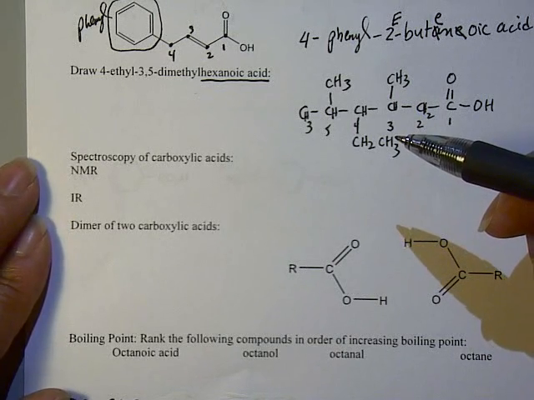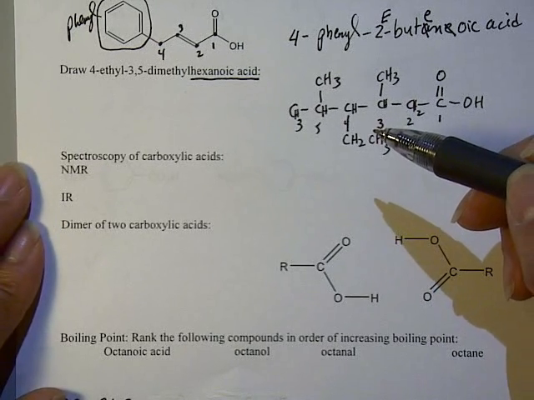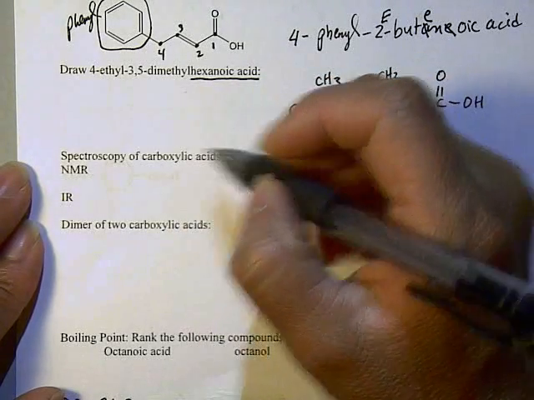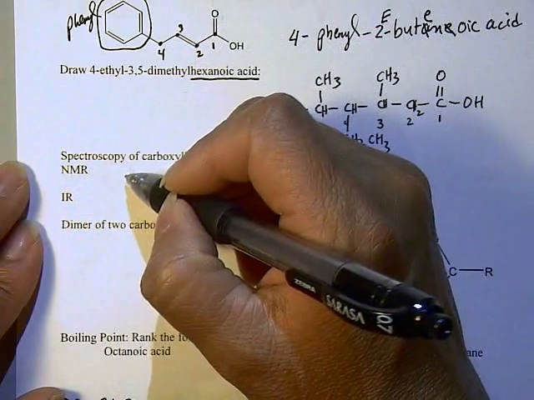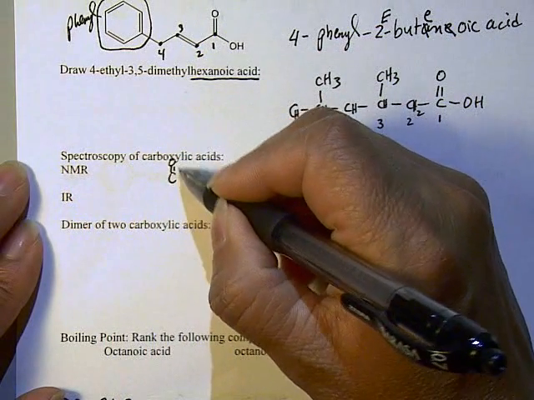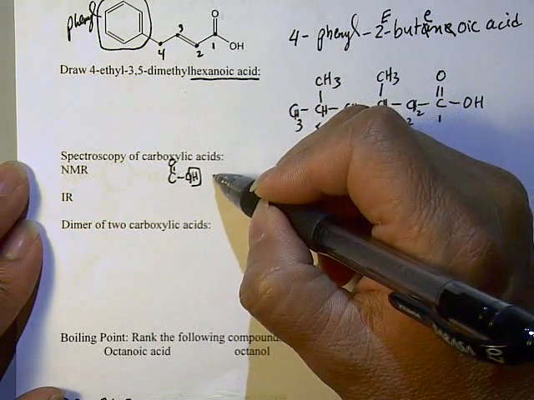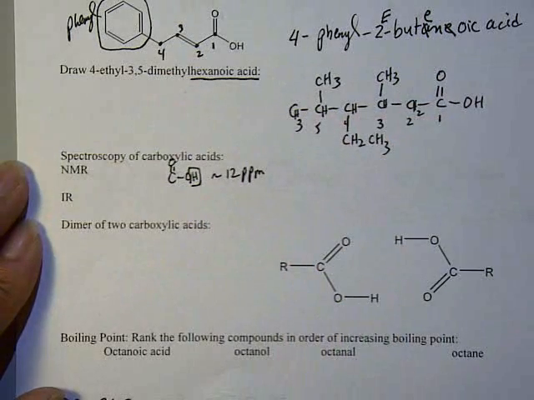To distinguish carboxylic acid by spectroscopy, you know already from Unit 1 that carboxylic acid is easily distinguished by NMR by looking for the OH proton, which shows up around 12 ppm, way downfield.